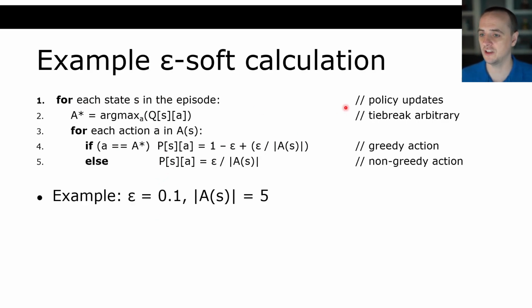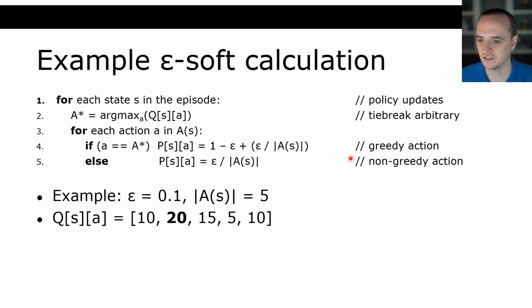So here's an example. Let's say we have epsilon equal to 0.1, and the number of actions is equal to 5. So these bars are the cardinality of the set, right? So the cardinality of the set is the size of the set, which is the number of actions. So epsilon equal to 0.1 means we're going to be taking a random action 10% of the time, right?